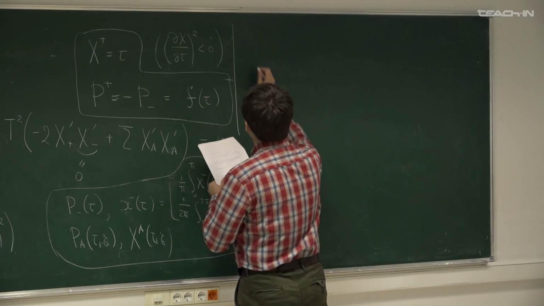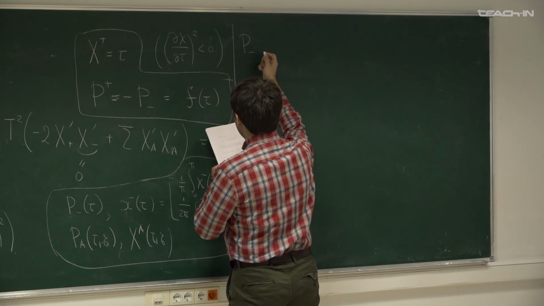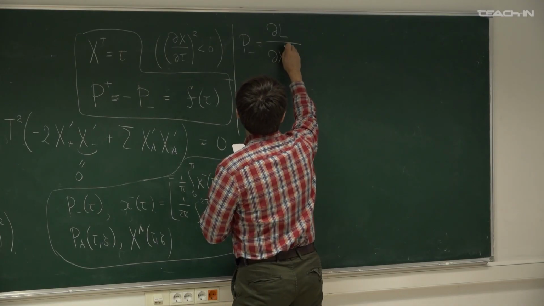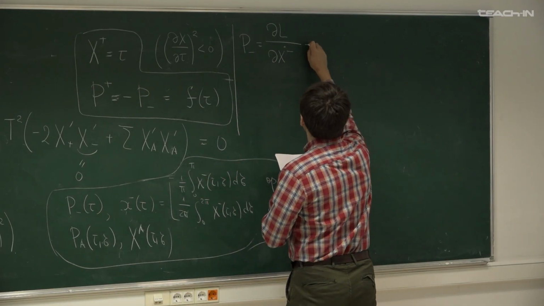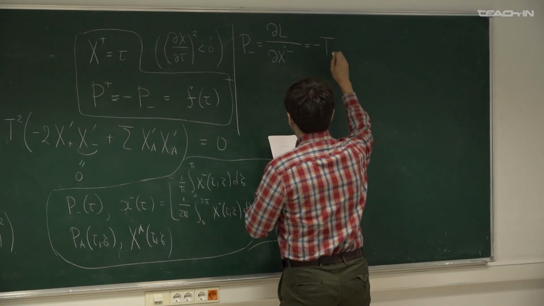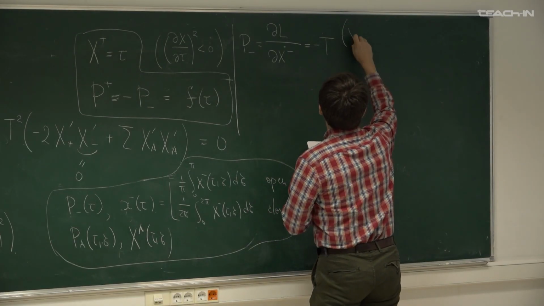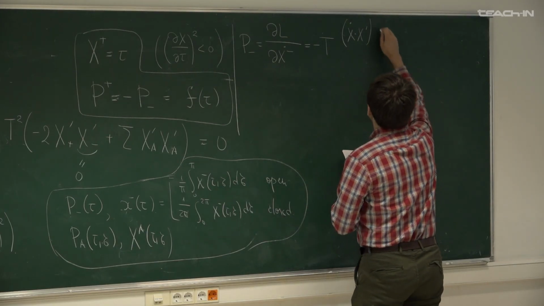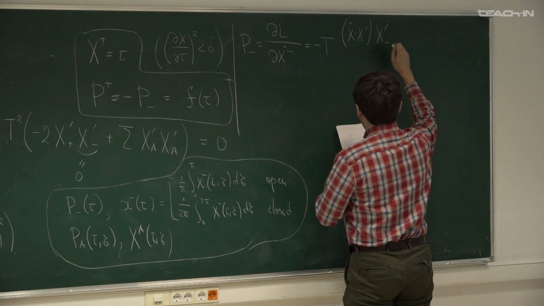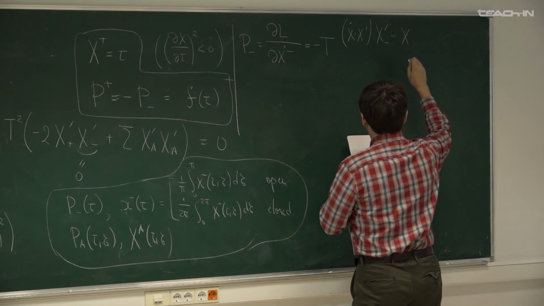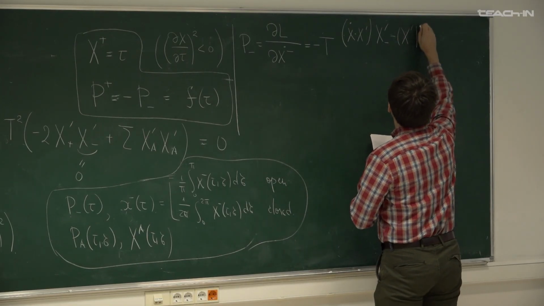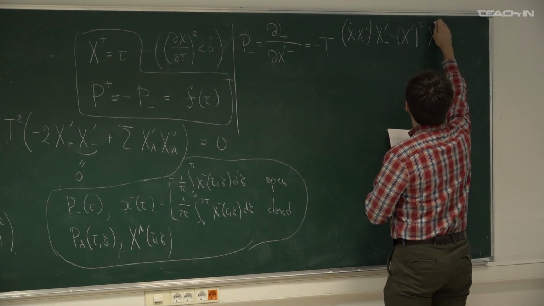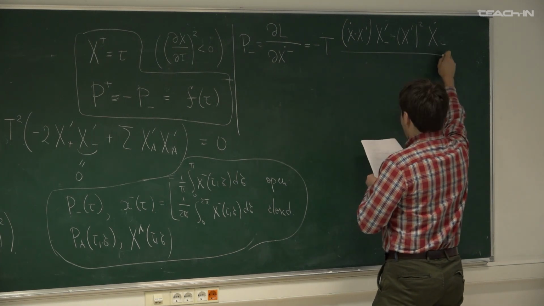P minus is dL over d x minus dot. And this looks explicitly as follows: minus T x dot times x prime, x minus prime, minus x prime squared times x minus dot, over the square root.